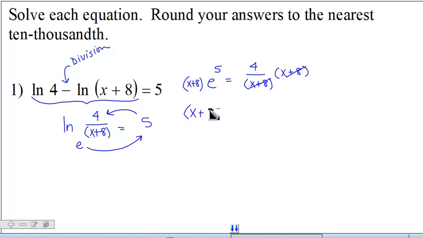In this step, your first inclination might be to distribute, but I want to remind you, if you're trying to solve for x, the goal is to get things away from the x, so distribution actually defeats that purpose. Instead of doing distribution, let's go ahead and divide both sides by e to the 5th power.